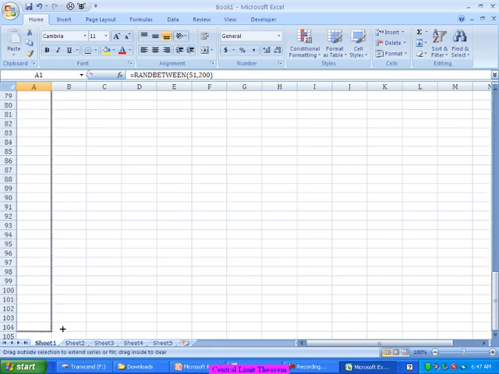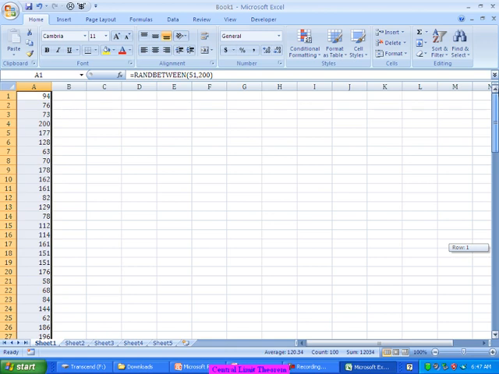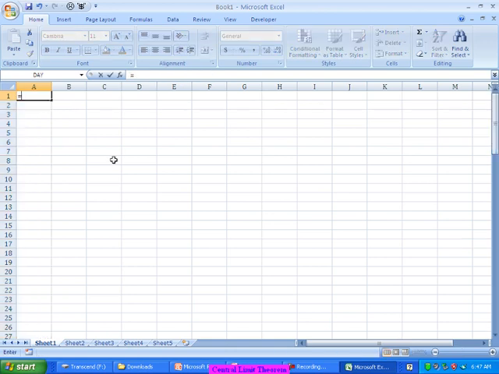Now I'm taking a sample. Let's assume I have taken 100 items out of that population, or let's talk about the heights of people. I'm assuming the heights of people are between, let's say, 140 centimeters and 200 centimeters.